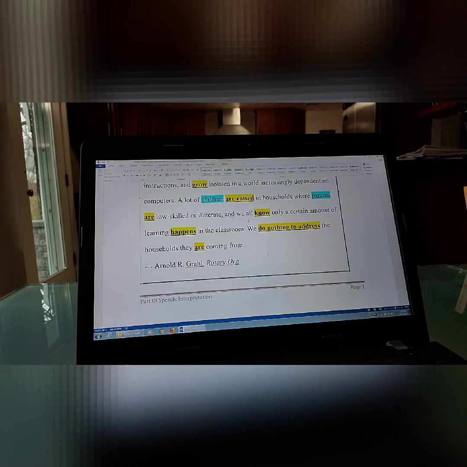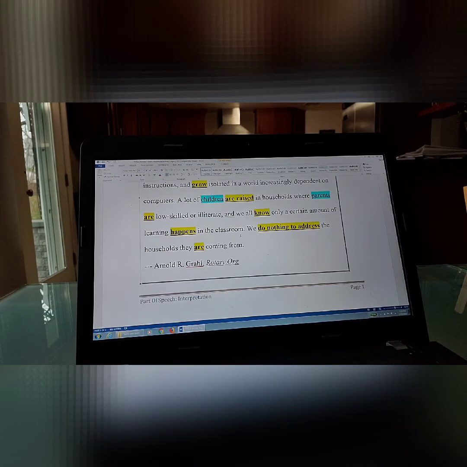we all know. Okay. Now, again, when it says we, right? Who we're talking about? Well, Grahl, this is not a story where there's a bunch of characters and one of the characters is saying we, right? When it says we, Grahl, he's writing this in Rotary.org, which is this magazine that I found that deals with this subject.